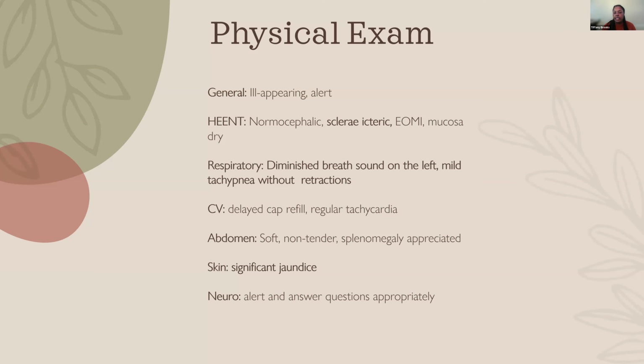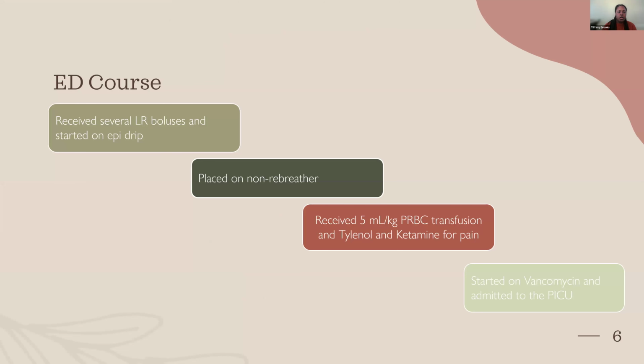Her abdomen was soft and non-tender. Splenomegaly was appreciated, and there was significant jaundice. From a neuro standpoint, she was not altered. She was answering questions appropriately. In the ED, she received several LR boluses and was started on an epi drip.